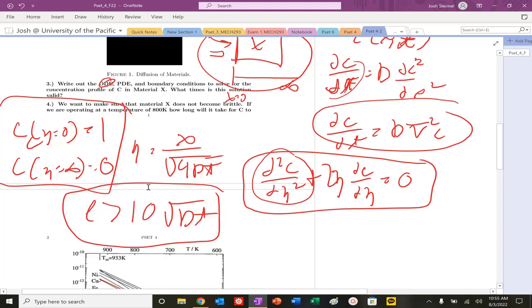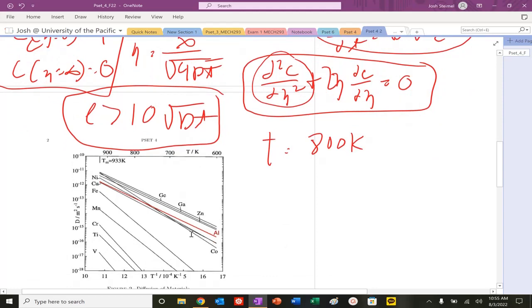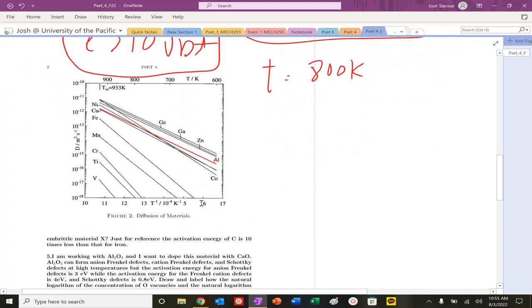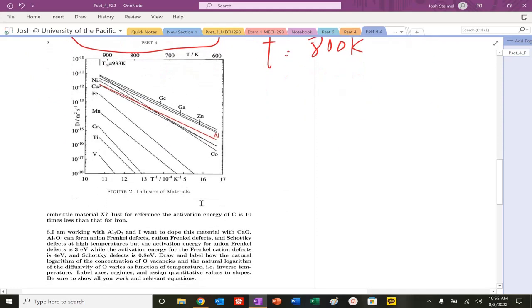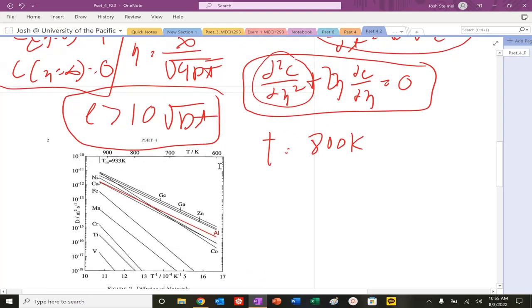So if we're operating at a temperature of 800 K, the activation energy for carbon is 10 times less than that for iron. This is a good problem, if I don't say so myself. This is my operating temperature. I'm going to use my engineering approximation.